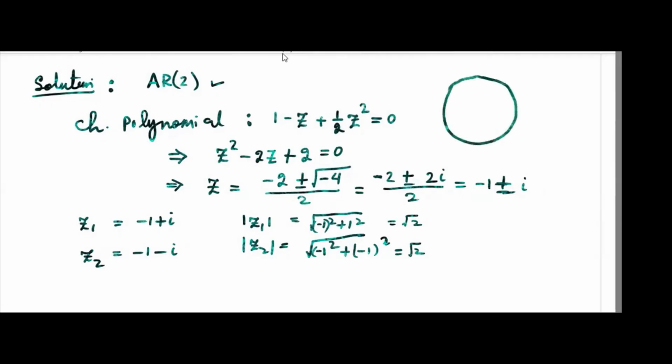Okay. If they are outside the unit circle, then what will happen? This is your 1 and this one. This is the unit circle. And you need to check whether the roots are within this or not. This is 1. This is 1. If you write this point here, minus 1 minus 1, that will come this side. And here, this one, minus 1 plus 1, the first one. So that will come here.